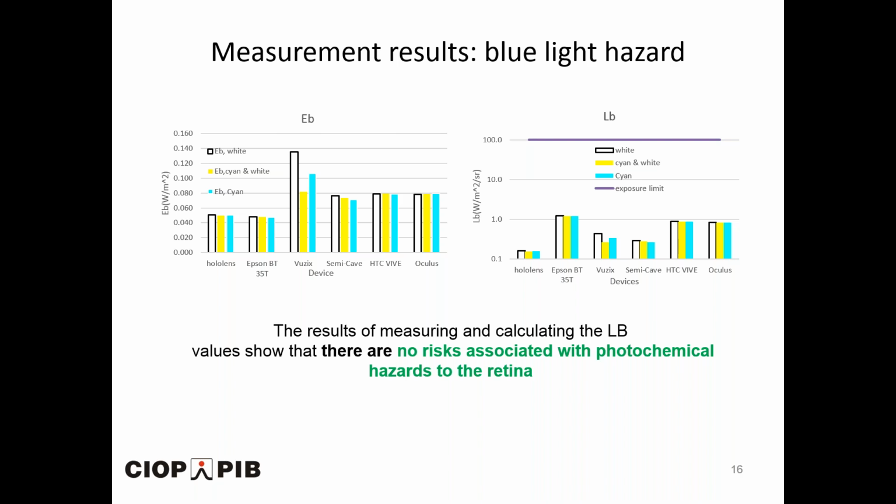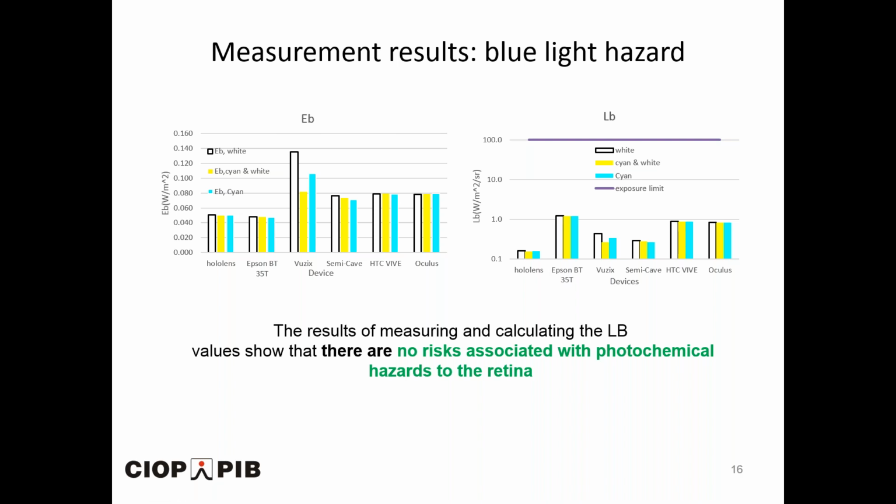However, there is also one thing to notice here, because as you can see, the highest value measured by the spectroradiometer was for the Vuzix Blade AR solution. But after recalculation, we saw that the highest values we can compare to the regulations are for the Epson BT35T.